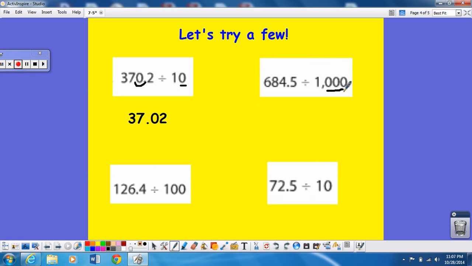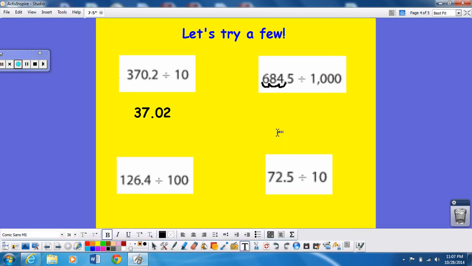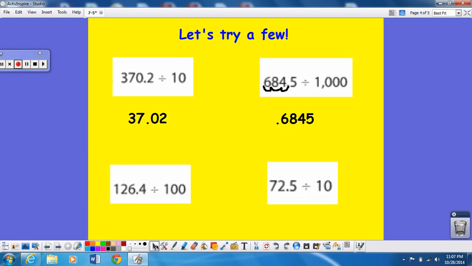There are 3 zeros in 1,000, which means this number is going to go back 3 places. 1, 2, 3. So basically that takes us to the beginning of the number. So we know our answer is 0.6845, which is 6,845 ten-thousandths.